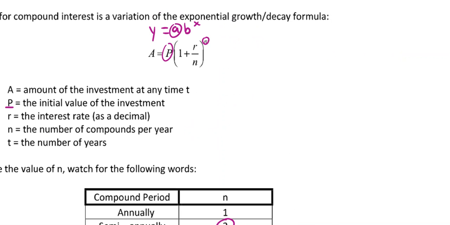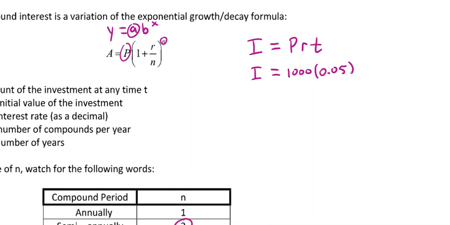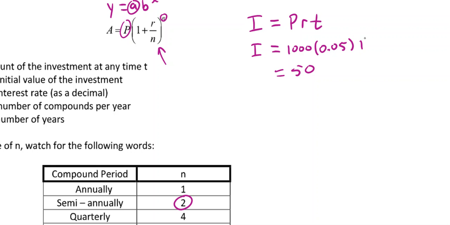The simple interest formula is I equals PRT. So the interest is equal to your principal, let's say $1,000, times your rate, let's say 0.05, so 5%, and then for 1 year, so 1. Then this would be $50. So what they're doing here with the compound interest formula is, this situation was just over the year.